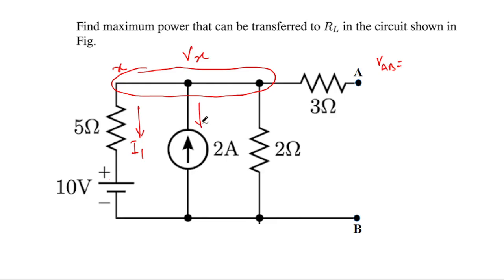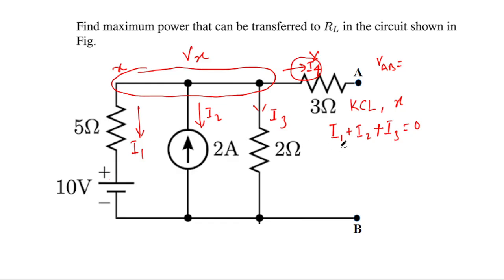Similarly, the current leaving this branch is I2, the current leaving this branch is I3, and the current leaving this branch is I4, and I4 is 0 because this is an open circuit, so we will not consider this one. Applying KCL at the node X, I1 plus I2 plus I3 is equal to 0.